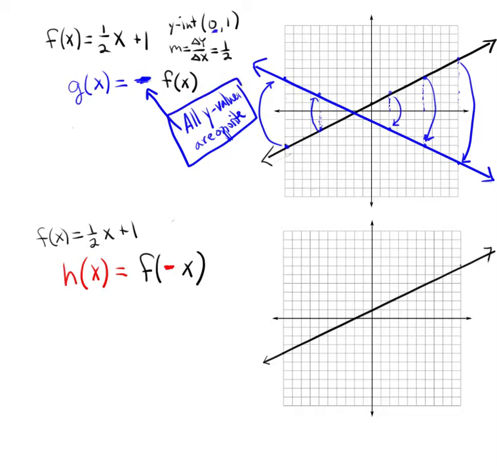So we want to say all y values are opposite. So what happened to our graph? In our graph, that reflection happened across the x-axis. So here we want to say reflects in the x-axis.